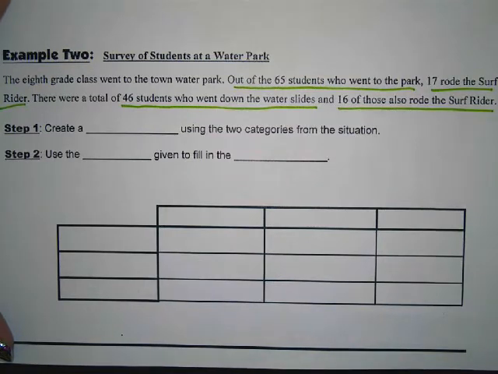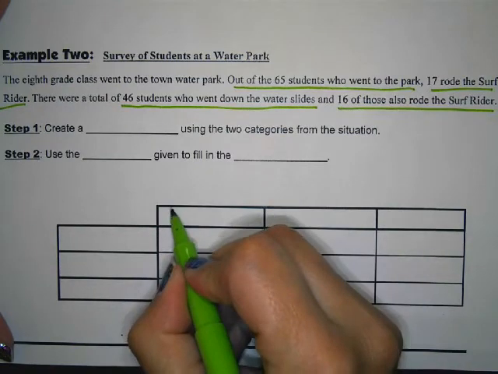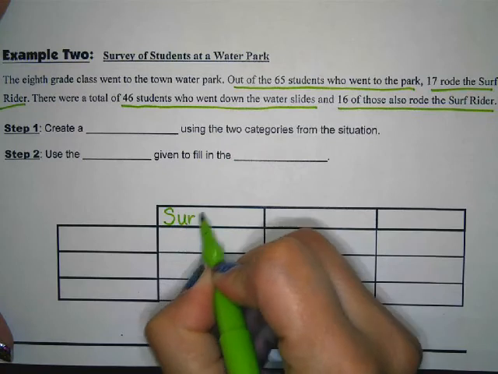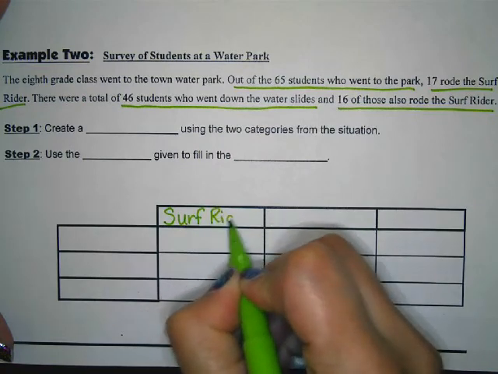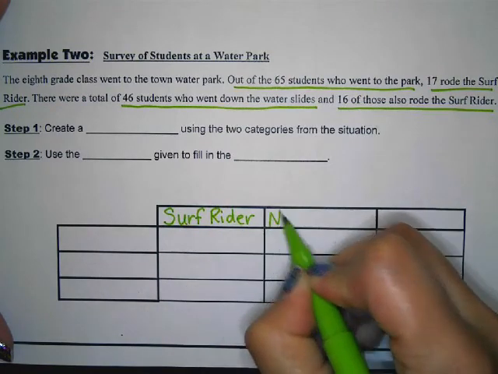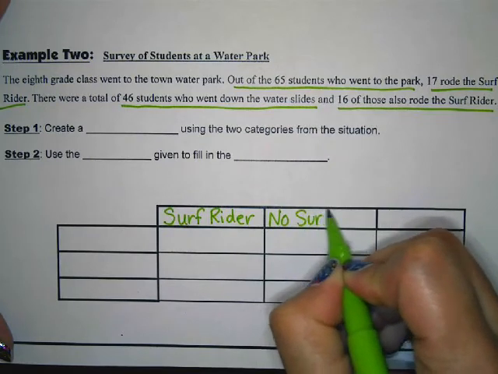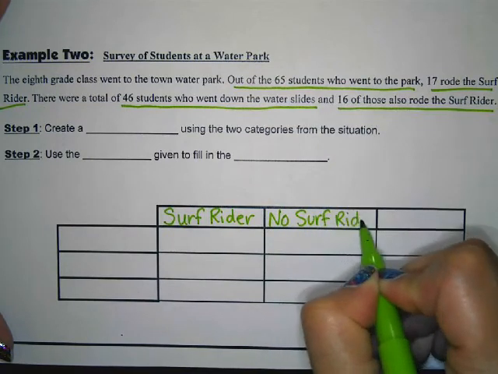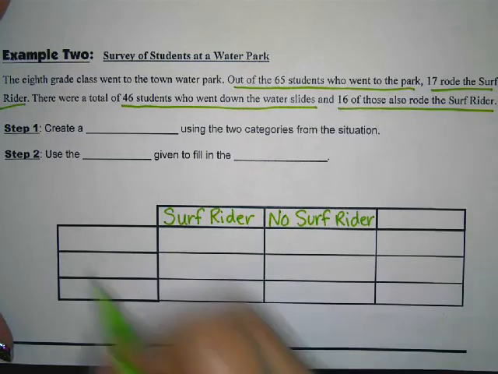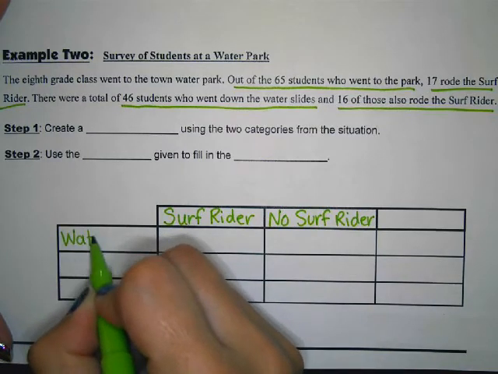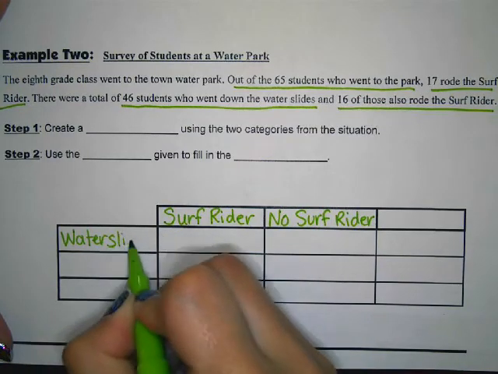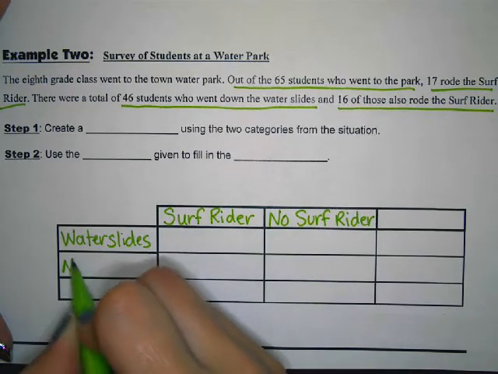So we need to figure out what we want to put in our table. Surf rider is the name of the water slide, so let's write that first. So we have surf rider, and then no surf rider. And then we have some who rode water slides and some that rode no water slides.